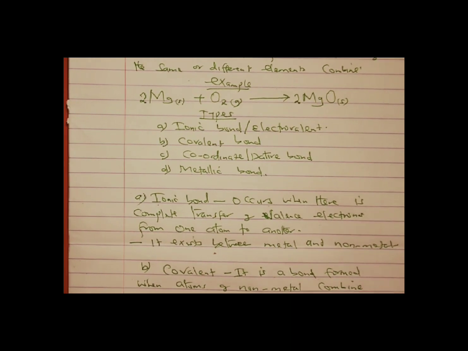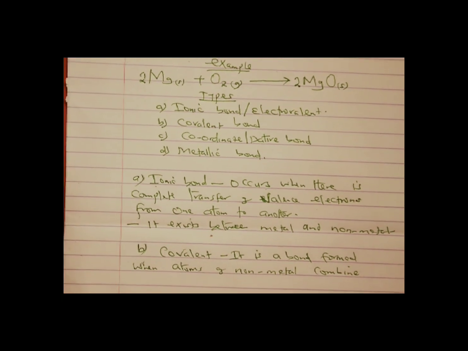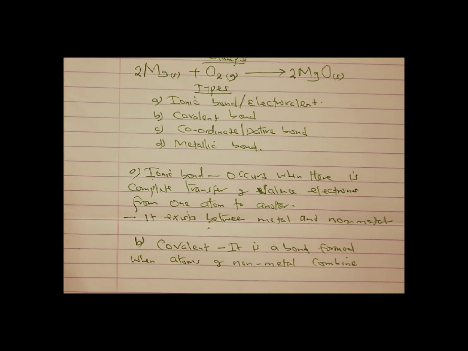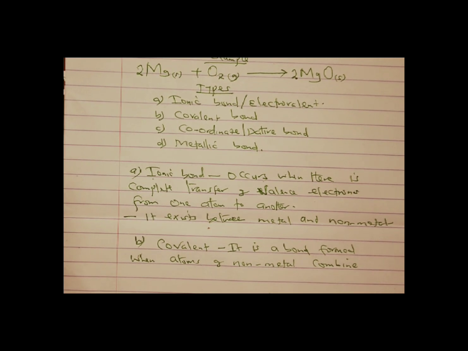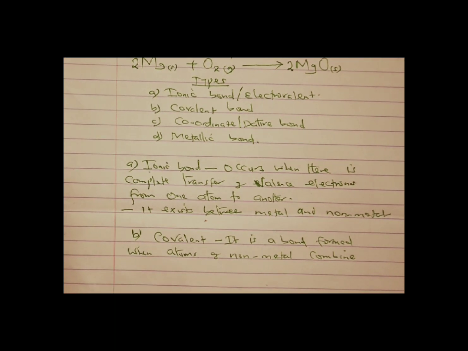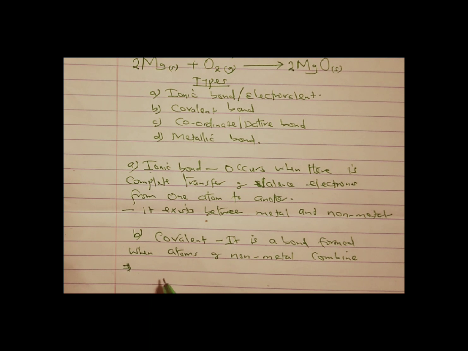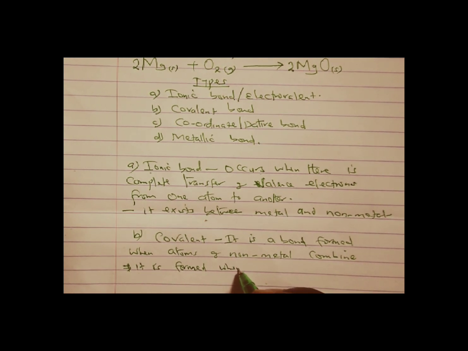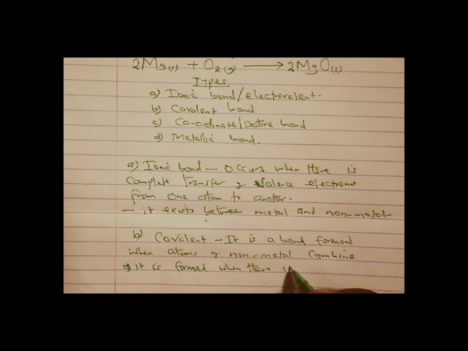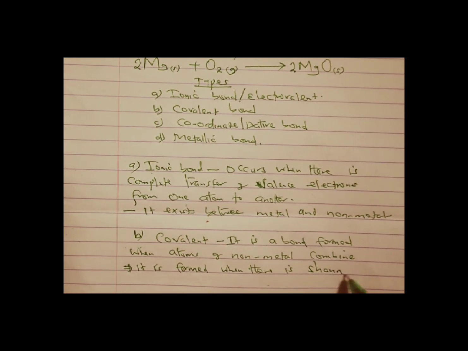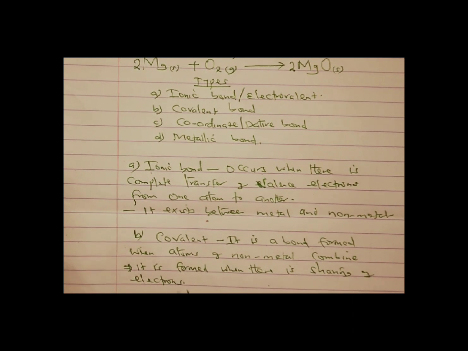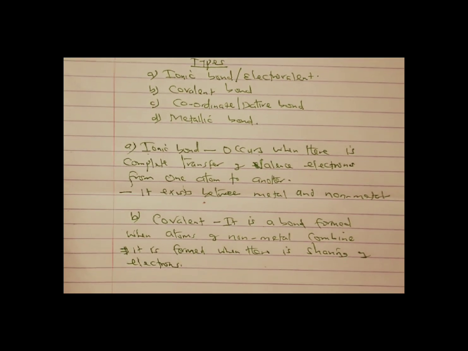Remember, non-metals react by gaining electrons, and therefore none of the atoms is willing to lose its electrons to another. So what happens is that the atoms end up sharing electrons. So in this case, we can therefore say this kind of bond is formed when there is sharing of electrons. We are also going to find out how that happens.